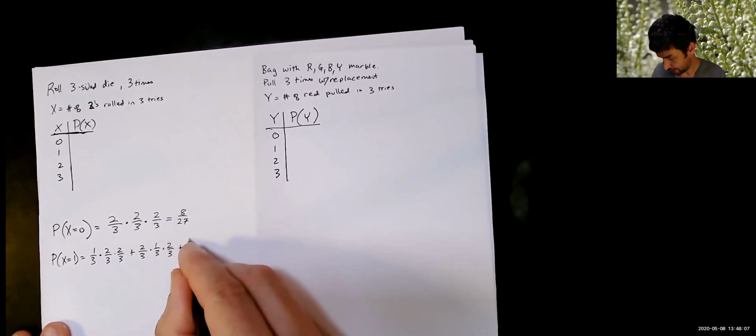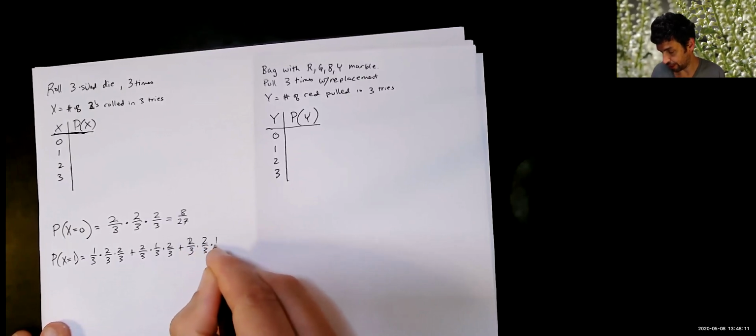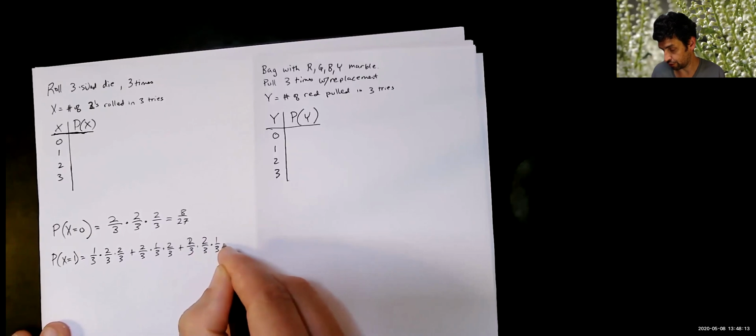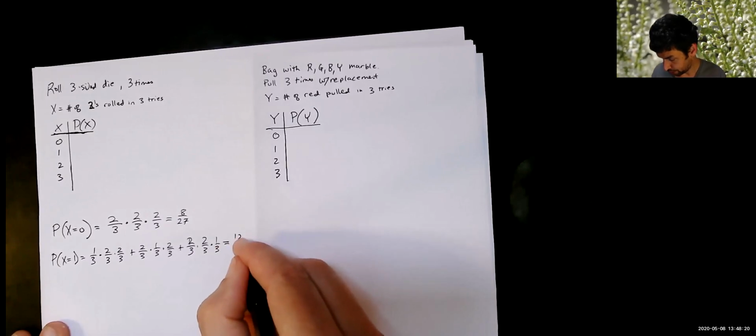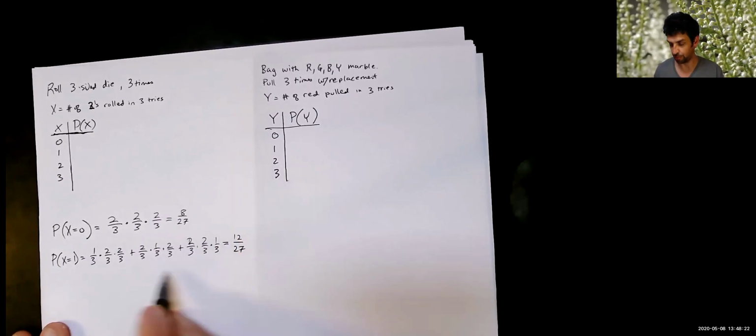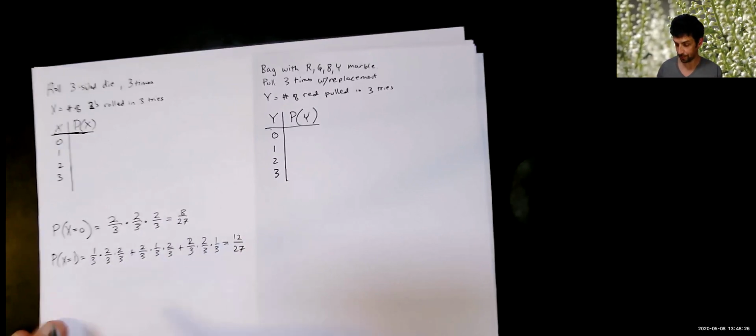Or I don't roll a 2 the first 2 times, but then I do roll a 2 the last time. If you work this out, it comes out to 12 over 27, right? Just multiplying 4, 4, and 4 with 27s in the denominators.